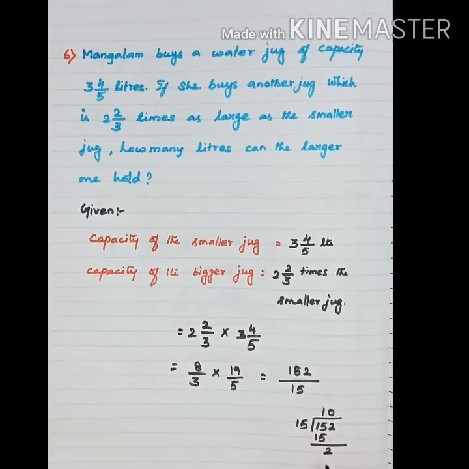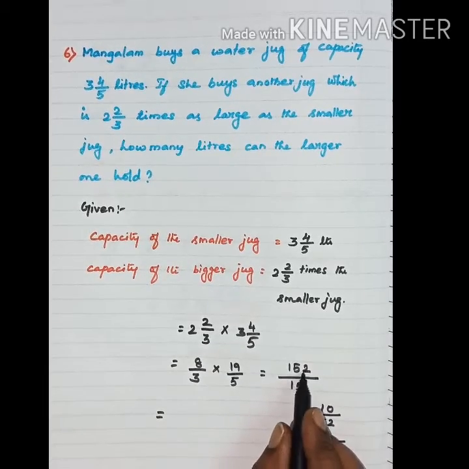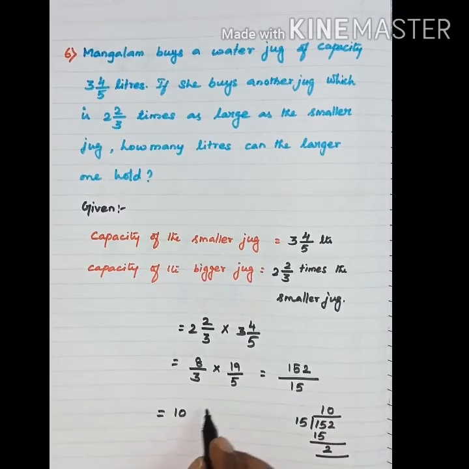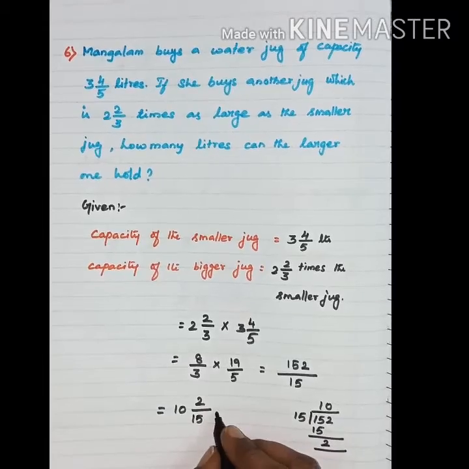So we put 0 over here. 152 by 15 can be written as 10 2/15 liters.